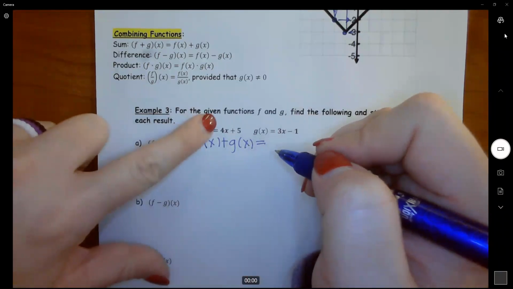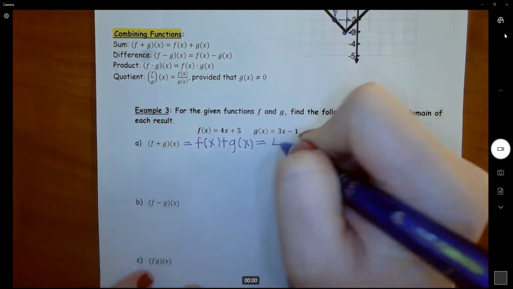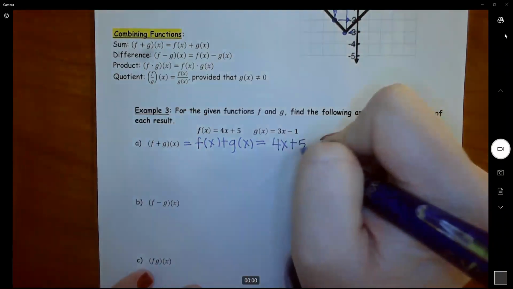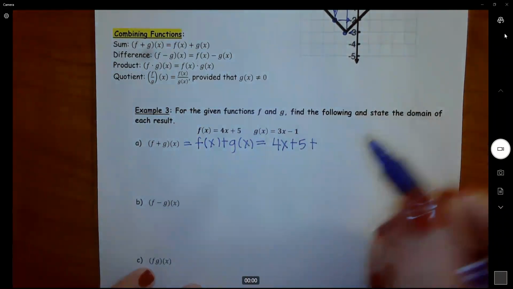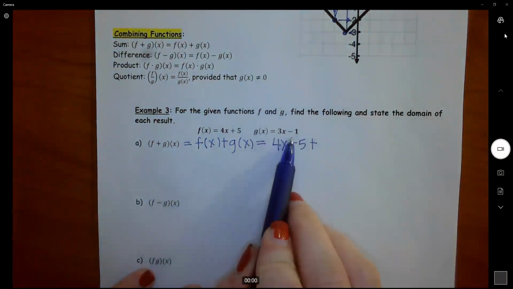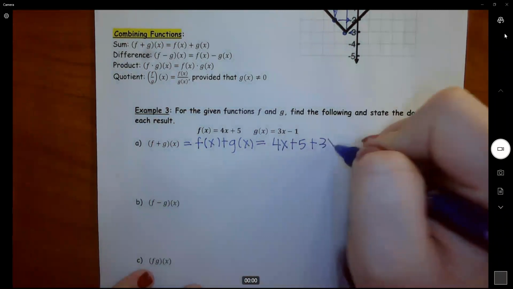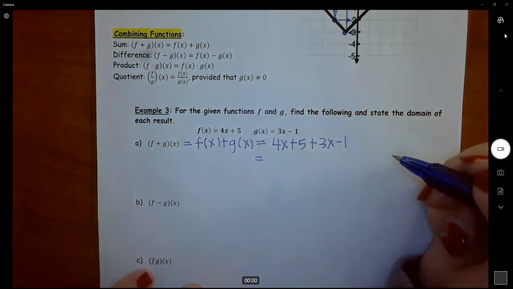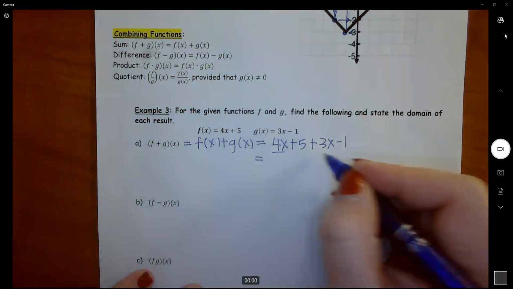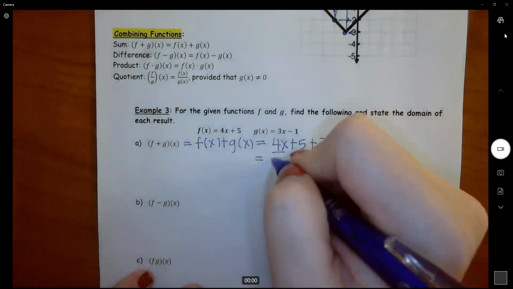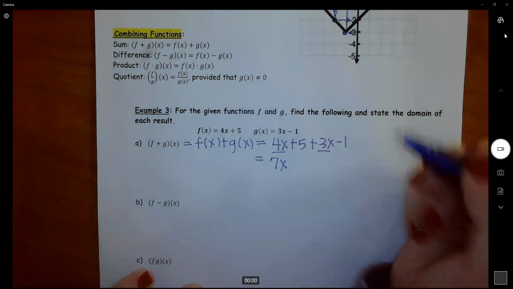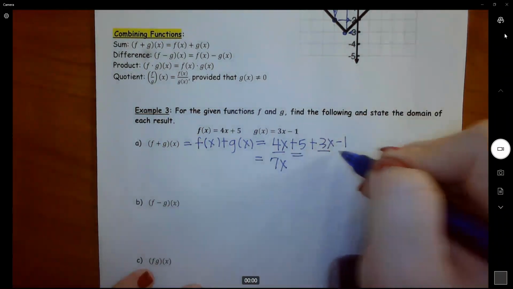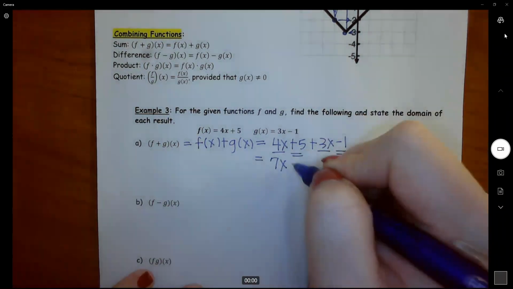My f of x is 4x plus 5 plus g of x, which is 3x minus 1. From here, we just need to combine our like terms. So 4x plus 3x gives me 7x. And 5 minus 1 gives me plus 4.